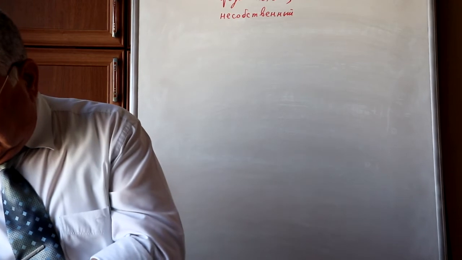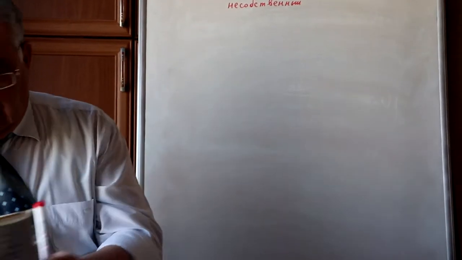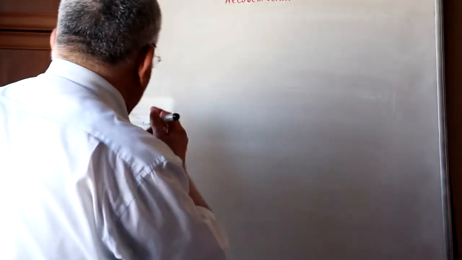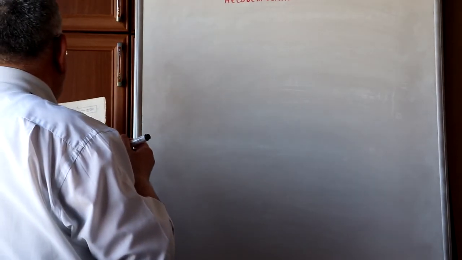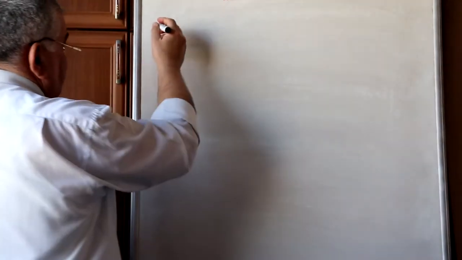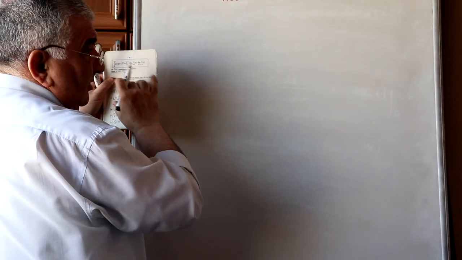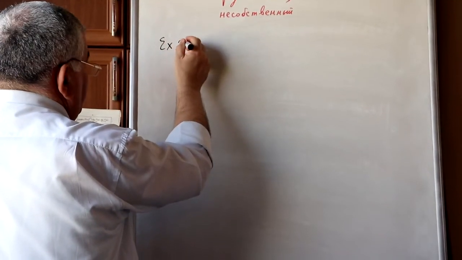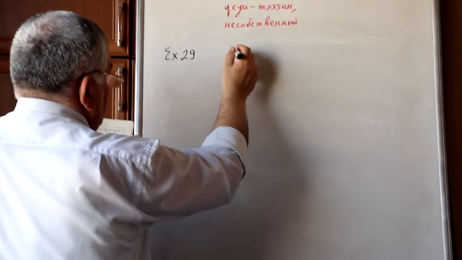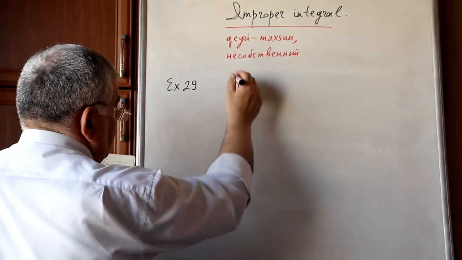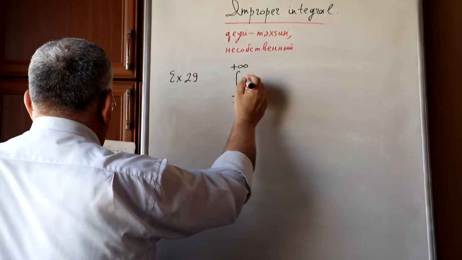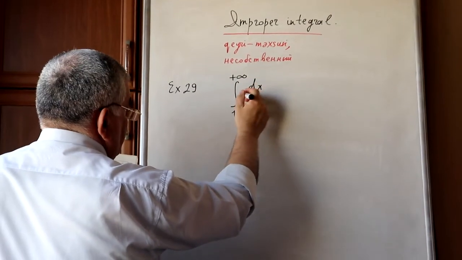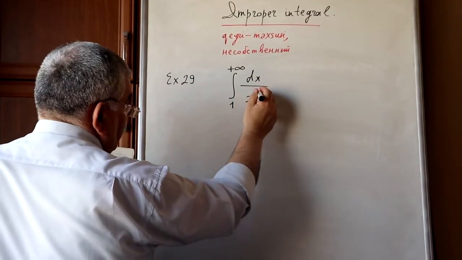Then consider example 29, enumeration according to my textbook. Integral from 1 to plus infinity dx over x cubed.